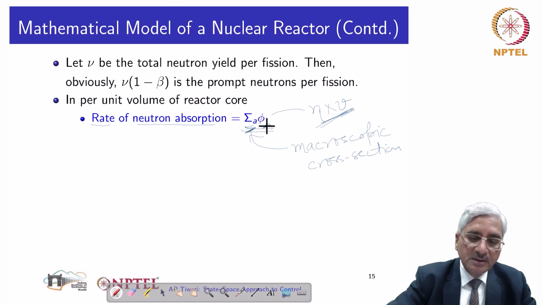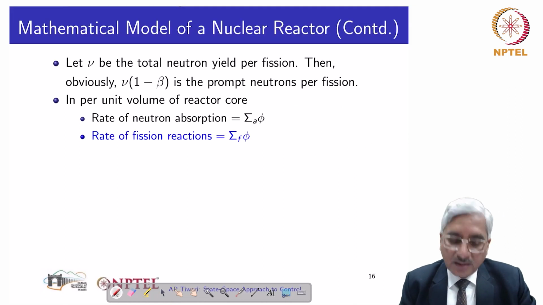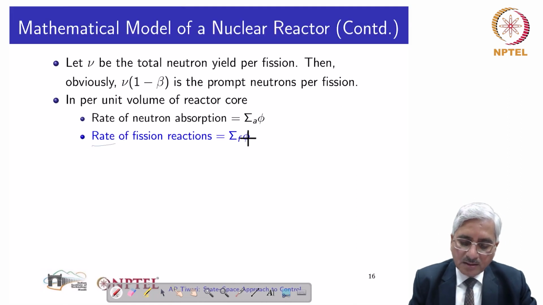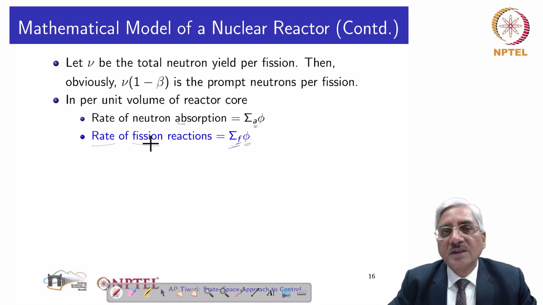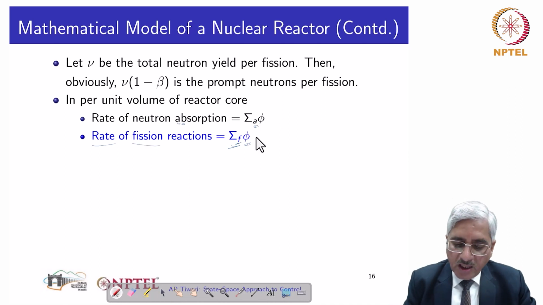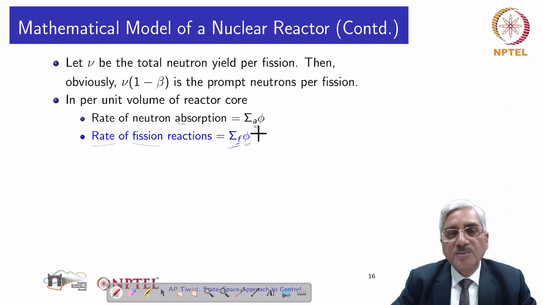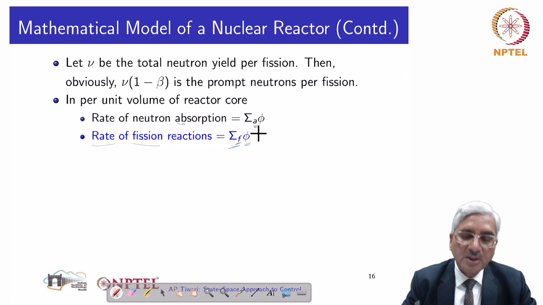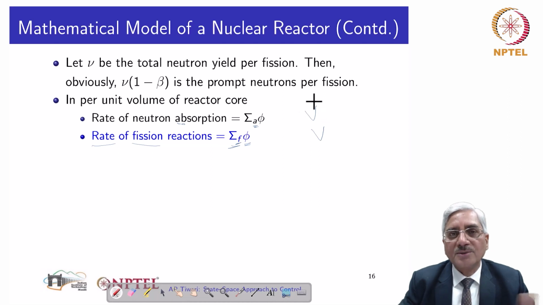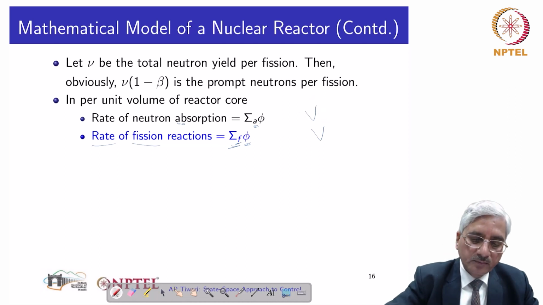For absorption, A was for absorption; F is for fission, and in a similar manner the fission interaction rate is sigma f times phi. So sigma f phi is the number of fission interactions taking place in the unit volume of the reactor, and in the complete core volume it has to be multiplied by the volume of the core in order to get all the interactions going on.